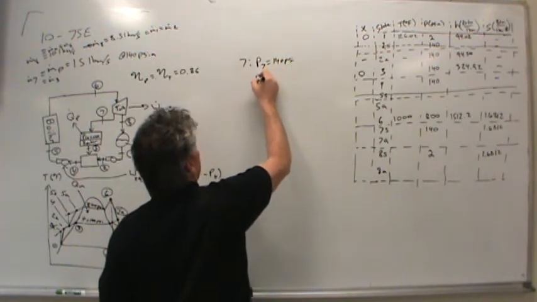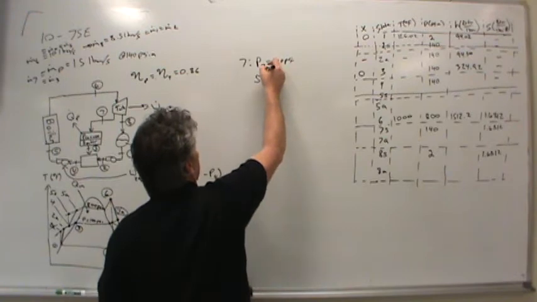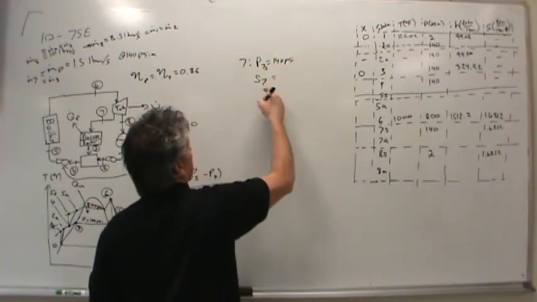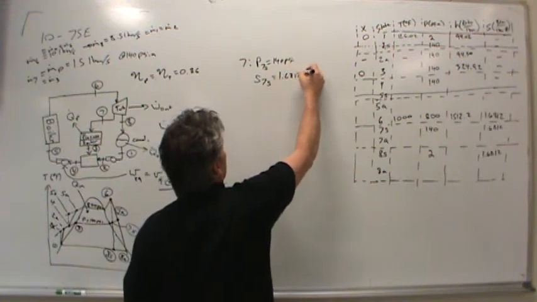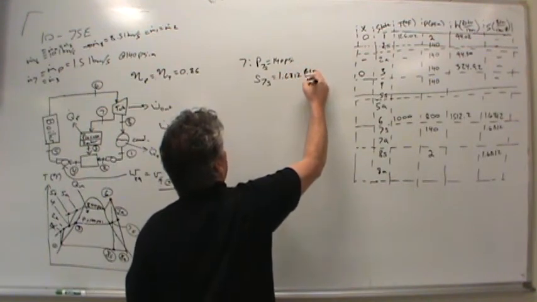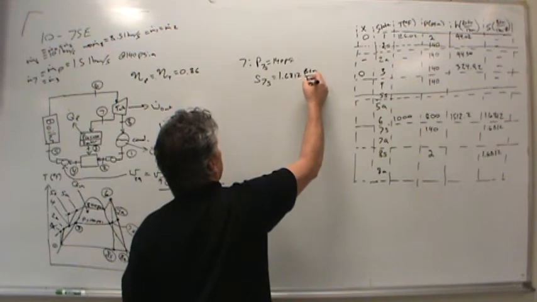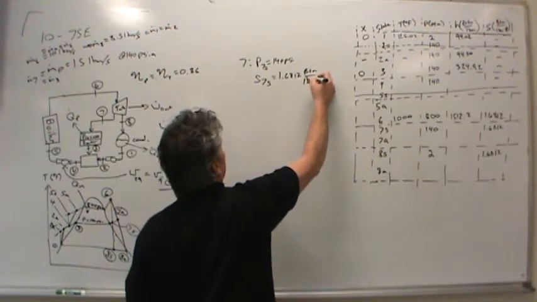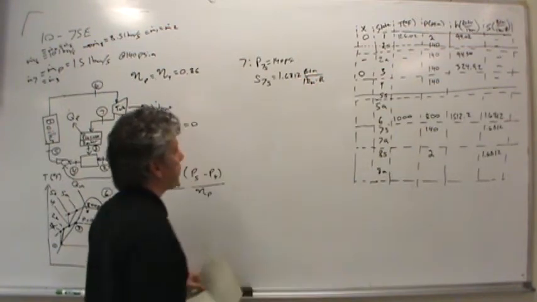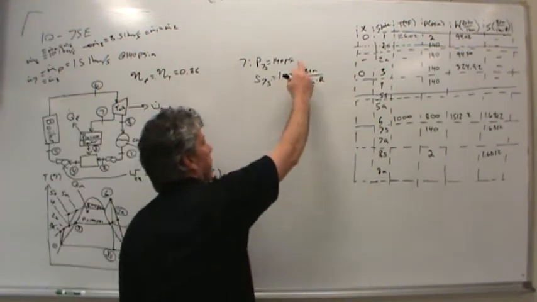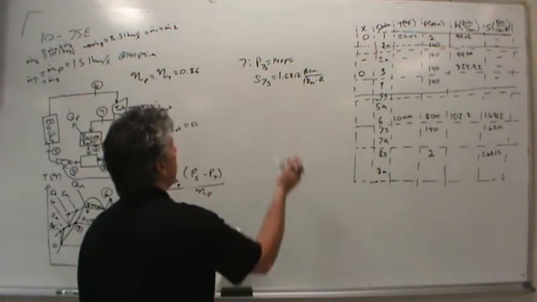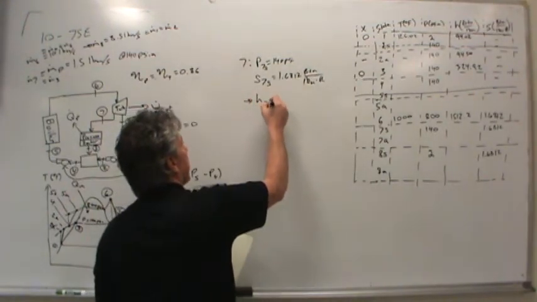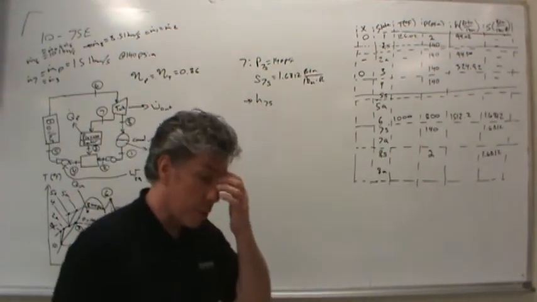We know that the entropy in state 7s should simply be 1.6812 BTUs per pound mass Rankine. That's 2 pieces of information, and that's all we need to know in order to come up with the enthalpy in state 7s. So let's see how this works.